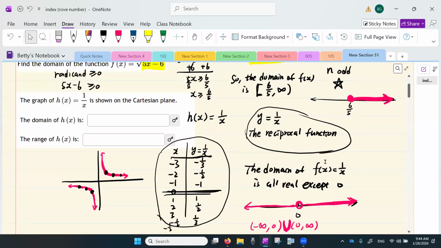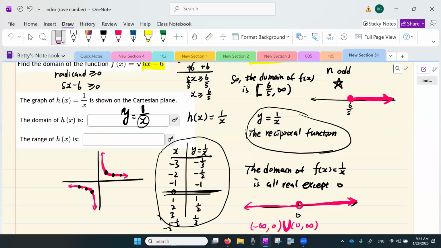Range is the same thing, because the output is always equal to 1 over the input. The numerator is 1, so that means the quotient y cannot be 0. If you put more points in the table, you'll see that.